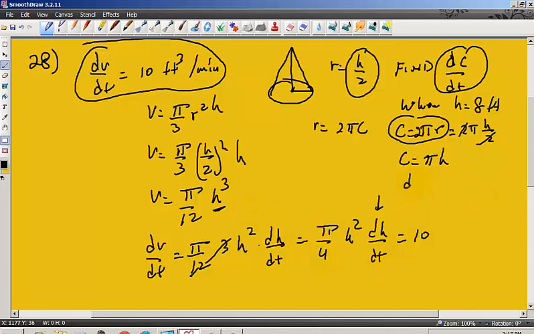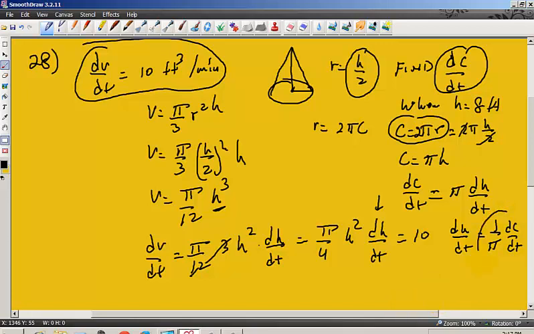So this is dc dt, which I'm trying to find, which is equal to pi times dh dt. So when I solve for dh dt, that turns out to be 1 over pi dc dt.